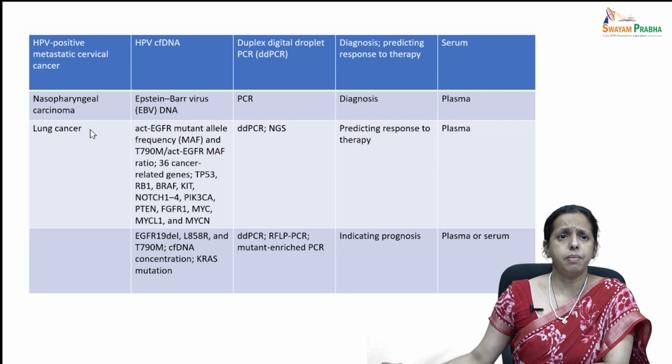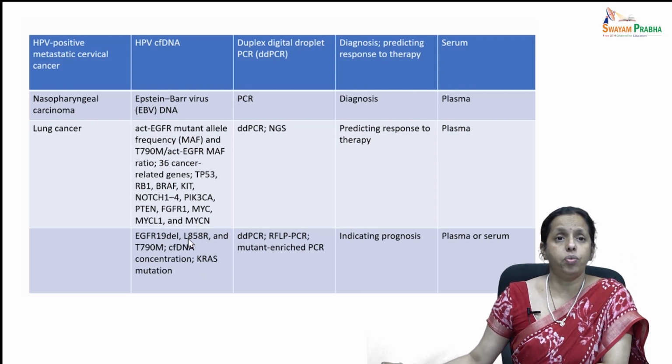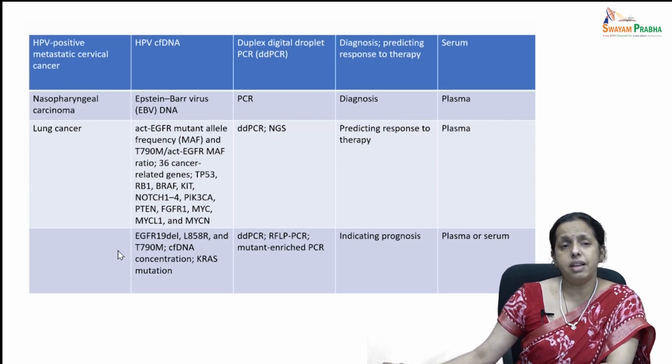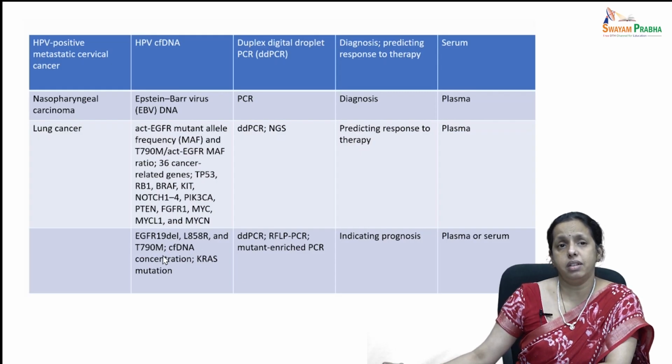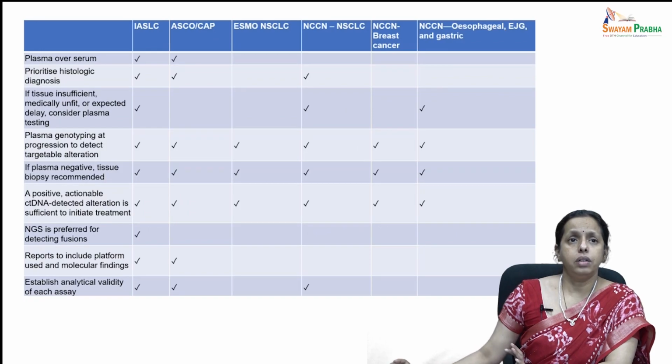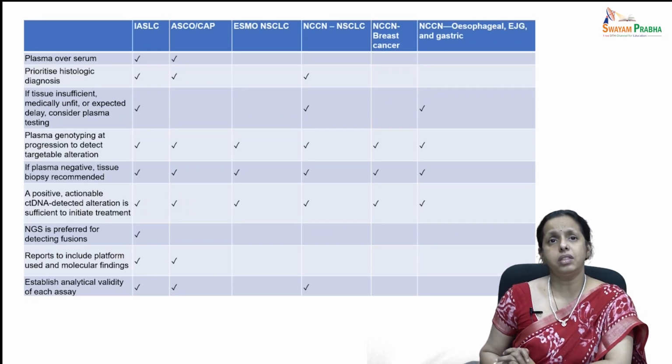And as I mentioned, a fantastic example is the lung, where you can look for many mutations, but of importance here is T790M, which is the most widely used marker for the treatment response.